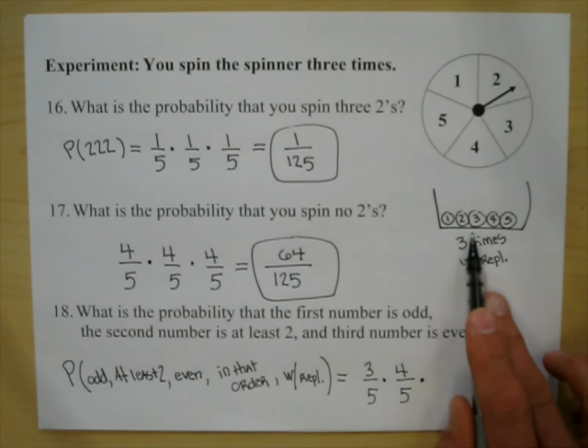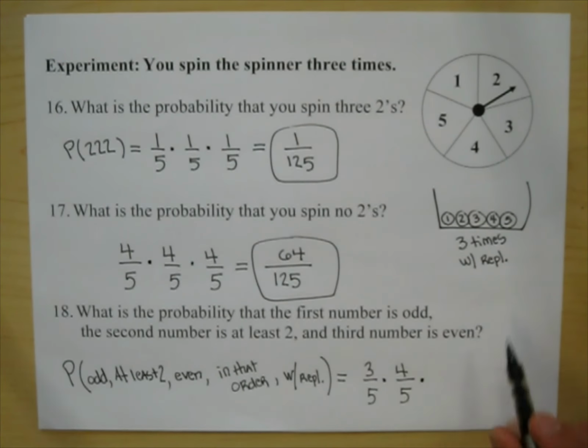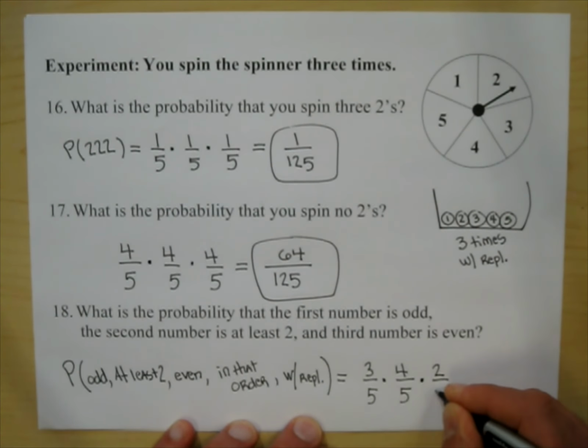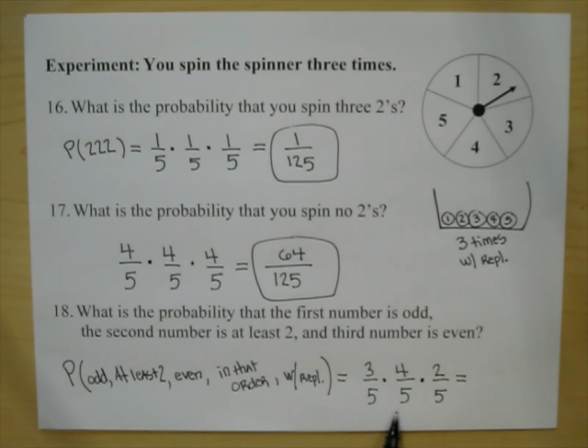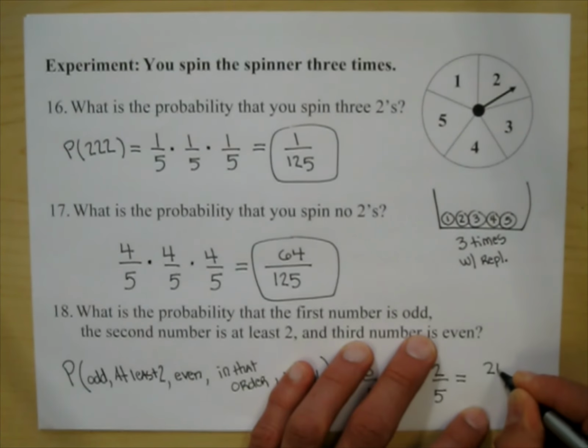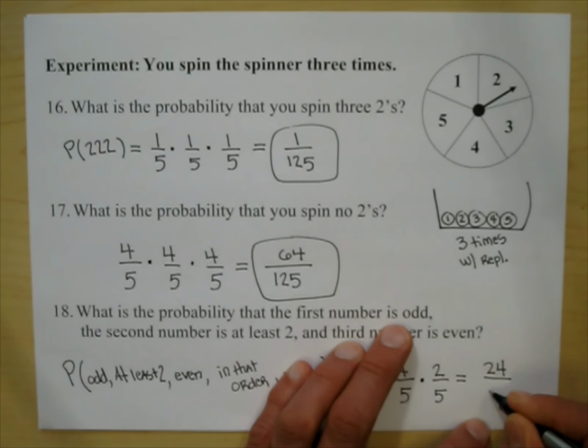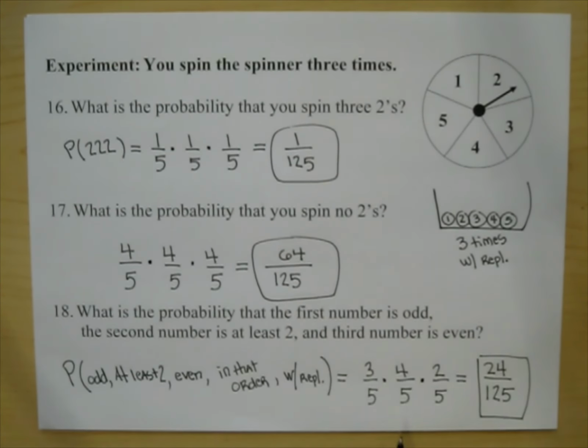How many even numbers do I see in here? 1, 2. 2 out of 5. Once again, nothing's going to cancel with those 5s. And so we end up going 3 times 4 times 2. So 3 times 4 is 12. 12 times 2 is 24. 24 out of 125. And we know it's reduced because there was no canceling that we could do over here.